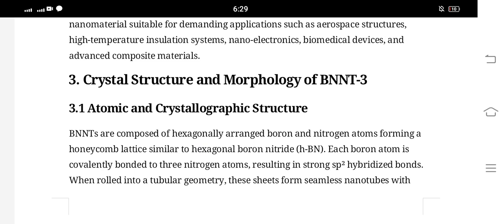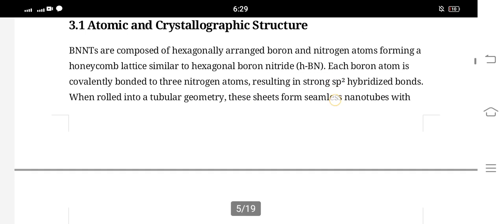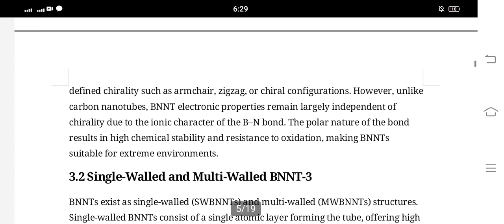When a hexagonal boron nitride sheet is rolled into a tube, it forms a seamless cylindrical structure known as a boron nitride nanotube. Boron nitride nanotubes can exhibit different chiralities such as zigzag and chiral configurations, but unlike carbon nanotubes, their electronic properties do not strongly depend upon chirality.